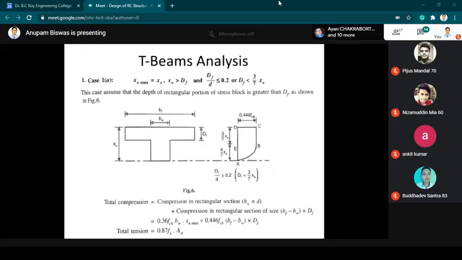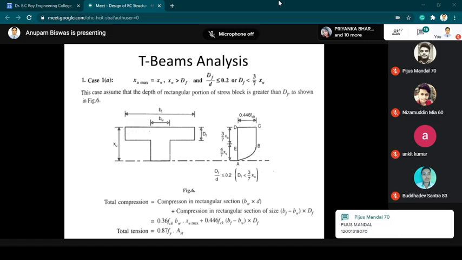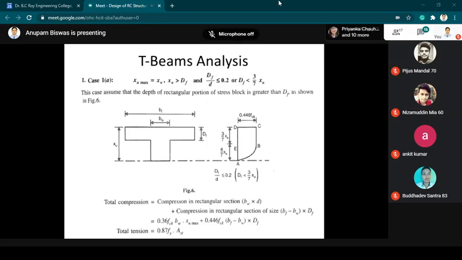Now let us discuss case 1, subcase 1a, that is when xu max is equal to xu, but for the corresponding value of Df by d less than or equal to 0.2, or Df is less than 3/7 of xu. Okay, this is subcase 1a.